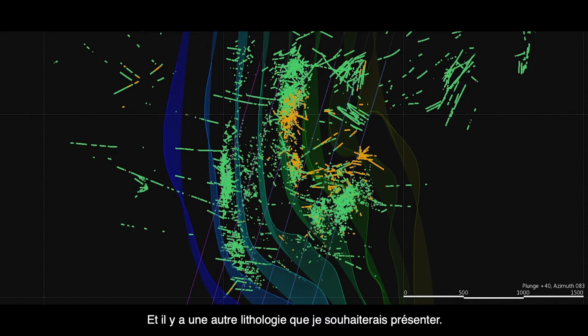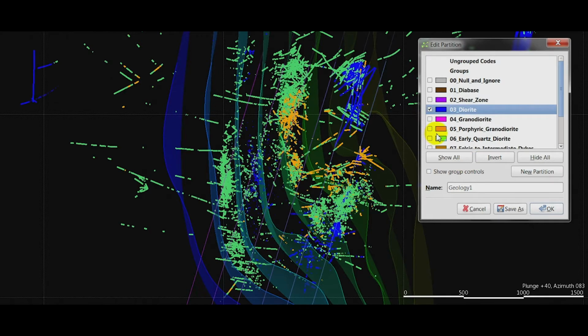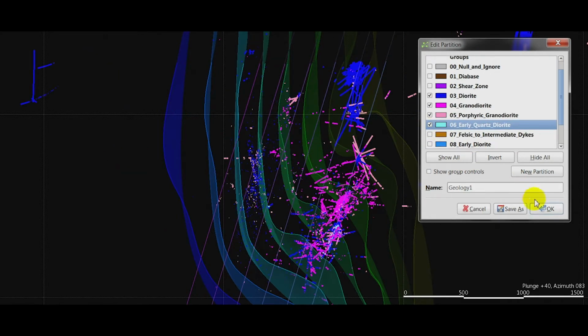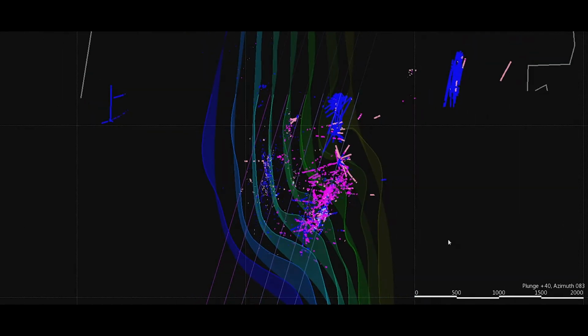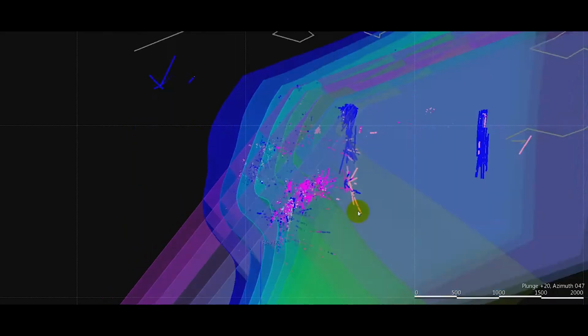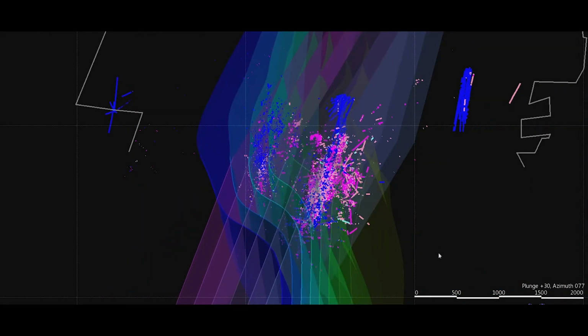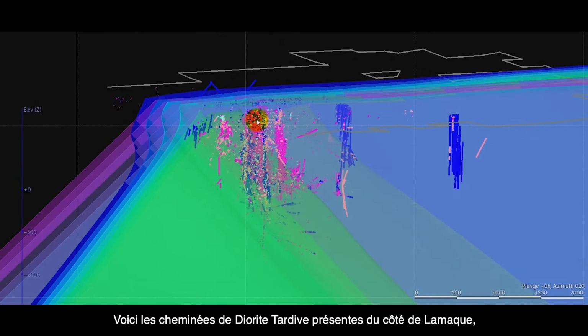And there is another lithology I'd like to show. These are the Lake Diorite plugs that are on the Lamaque side.